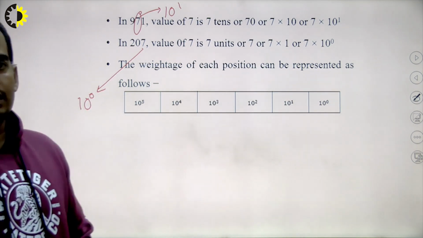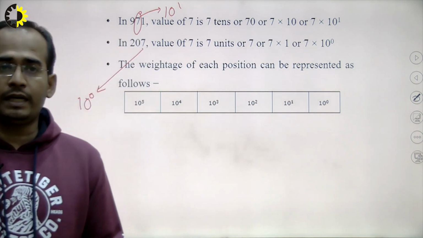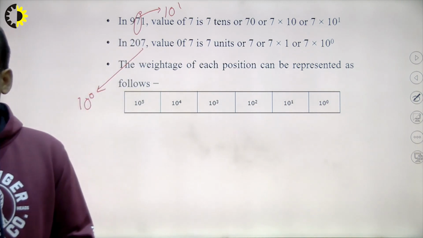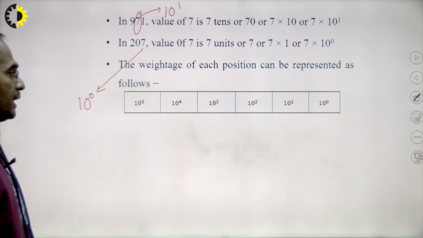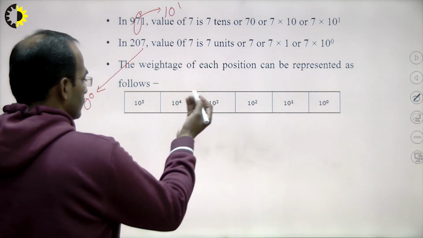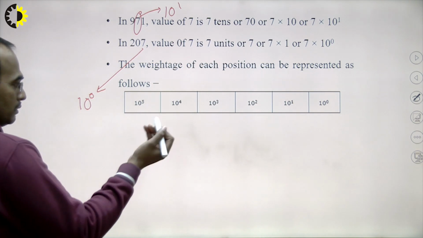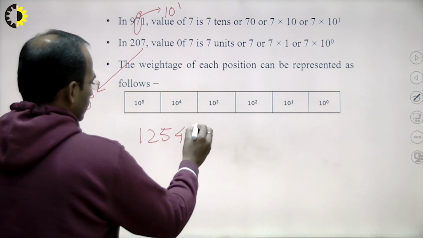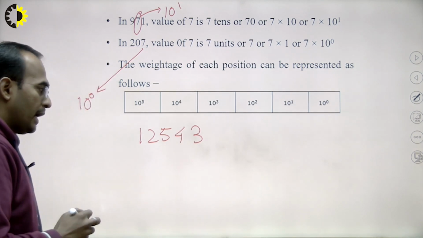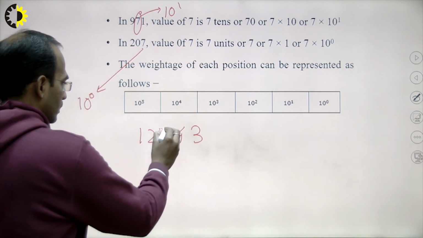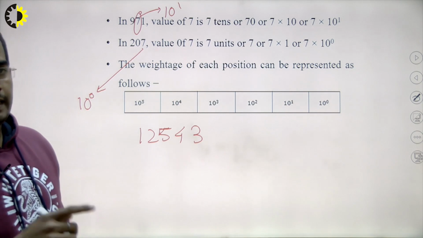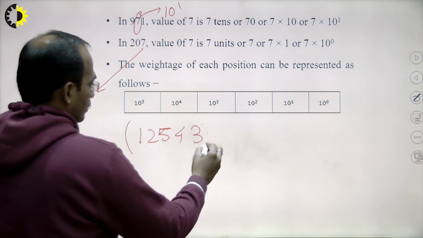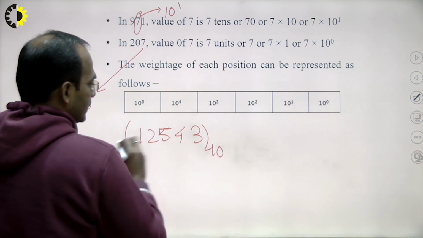So, these are the weighted numbers, and the weightage of each position can be represented as follows. Suppose I am using 12543 in the decimal number system. What will be the weight of this 3?